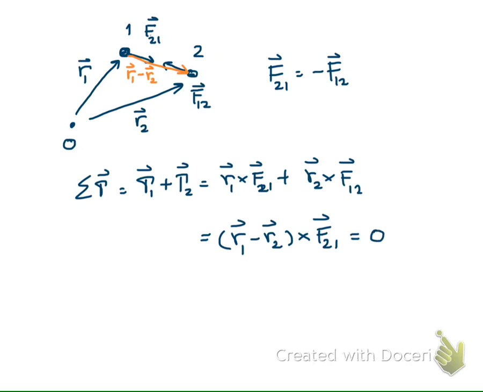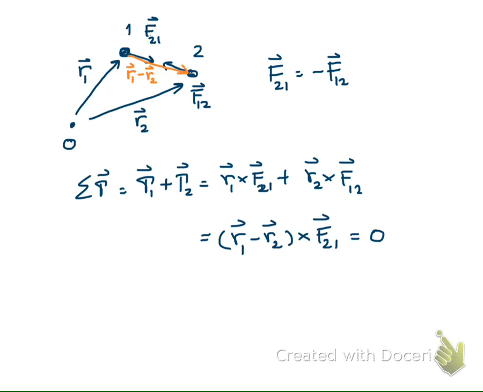Which means that if we look at a pair of action-reaction forces and we calculate the total torque from that pair, we will have that for each pair, the net torque is equal to 0.